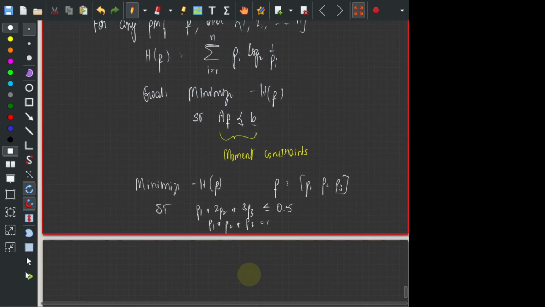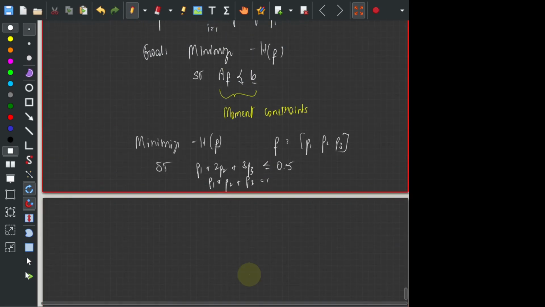So firstly, is this a convex optimization problem? X log x is convex. So we also need an explicit constraint for non-negativity. Yes, p greater than or equal to 0.